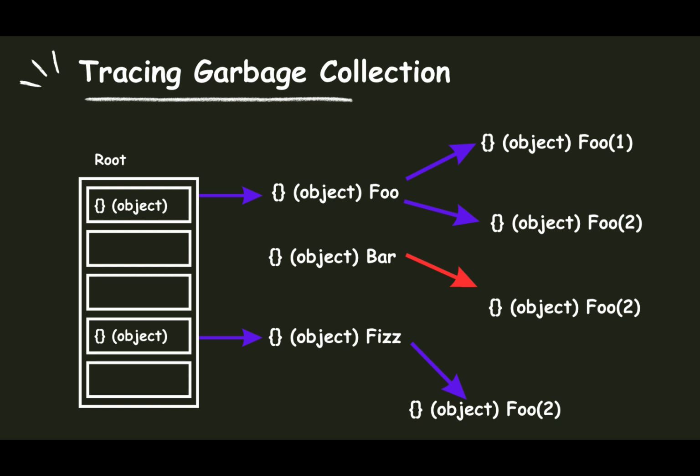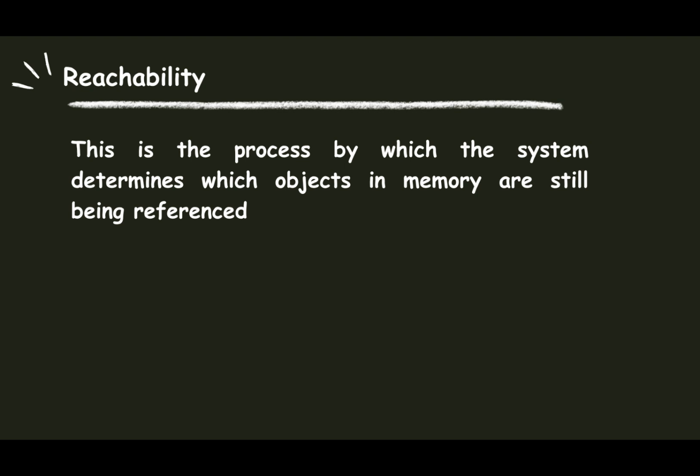The garbage collectors perform in cycles, and it is common for cycles to be triggered when there is not enough free memory for the memory manager to satisfy an allocation request. When talking about tracing garbage collectors, we need to talk about reachability. Reachability determines which objects stay in memory and which get garbage collected.